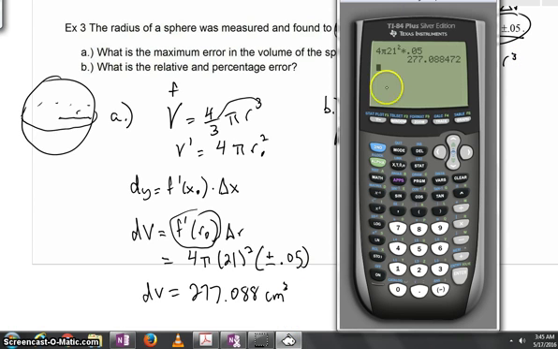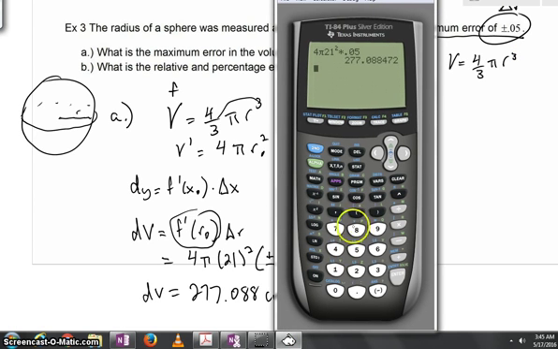Let's go ahead and work this out. We'll say 4, and here's your thirds, and we'll say pi, and it's 21 to the third. You can see we've got about 38,792.386.